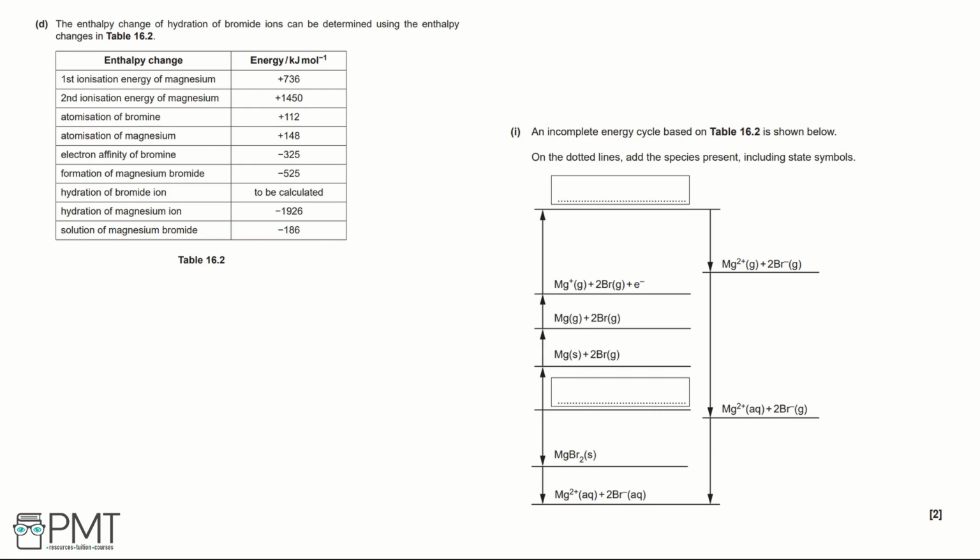So if we start with the formation of magnesium bromide, which is going to be in this part here. So that's magnesium as a solid and bromine as a liquid. It's very important that you write a liquid state symbol here. And then we're going to look at the second ionization of magnesium, which is in this part here.